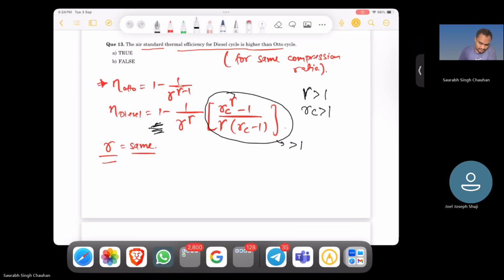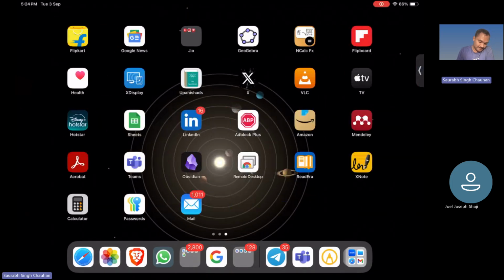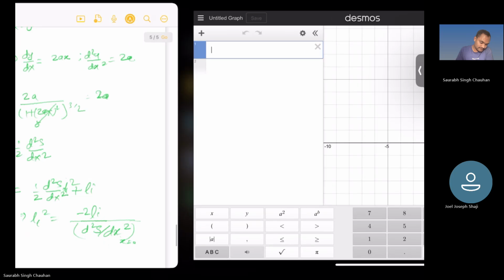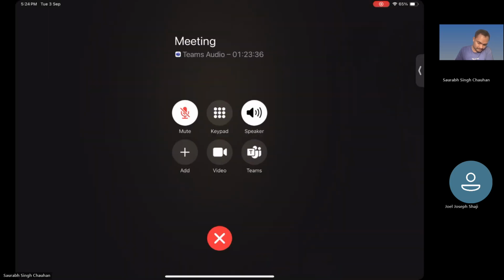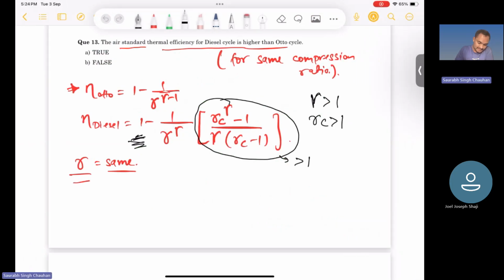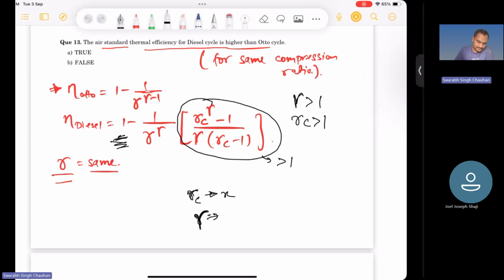Is there any graphing tool? Let us say, instead of RC, we will write X, and instead of gamma, we will write G, some other constant.